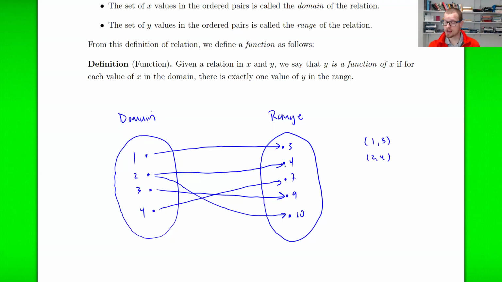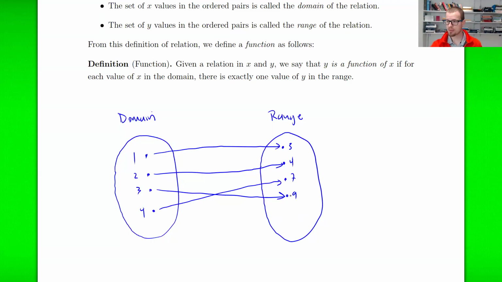And we would say, no, this is not a function because this element of our domain is associated to 4 and 10 in our range. So it's not associated to exactly one value in the range. It's associated to 2. So we would have to get rid of that last line that we drew. And now we would have something that is a function. And of course, 10 would no longer be in the range there. So this is a function.